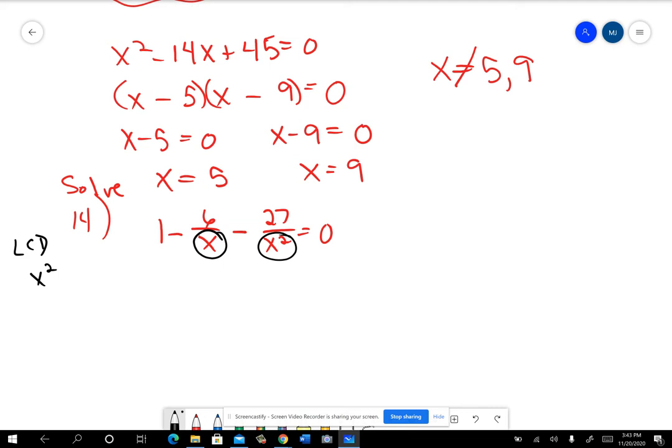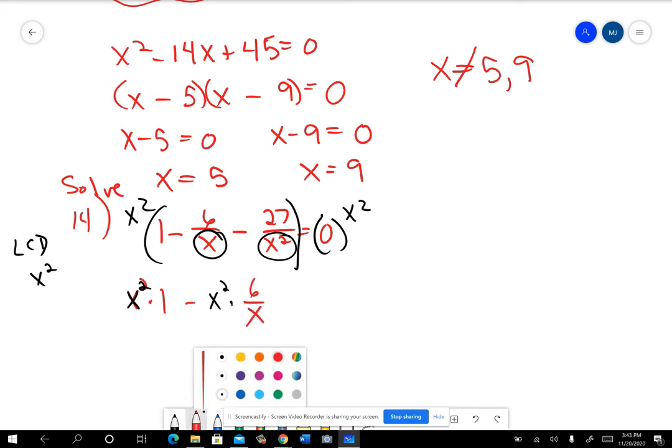Okay, now here's how we're going to use it. We're going to multiply the left side by x squared, and we're going to multiply the right side by x squared. Okay, so that x squared has to be multiplied by each thing. So I'm going to do x squared times the 1. And then I'm going to do the x squared times the 6 over x, because I have to distribute that x squared, don't I?